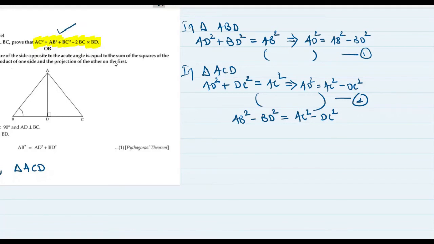In this statement, AC square is on one side. So I will keep AC square on one side and write AC square is equal to, and shift this DC square to the other side. AC square is equal to AB square plus DC square minus BD square.